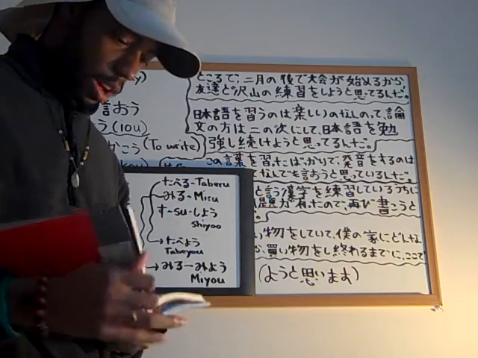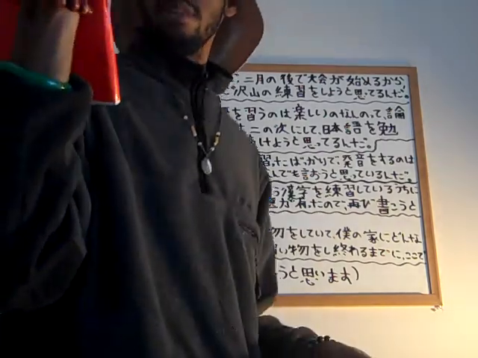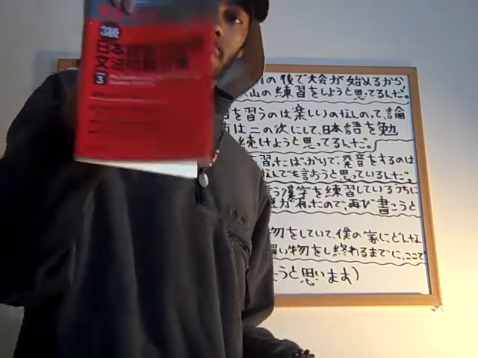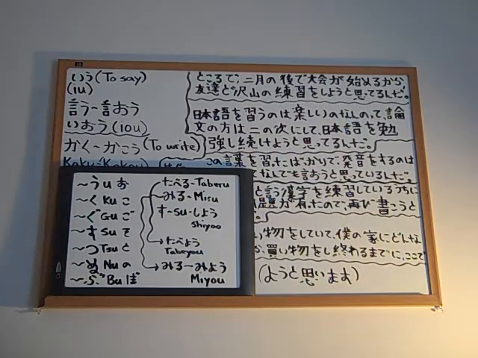I think I've talked about this book before. This is the Kanzen Masters, a level 3 for Japanese. It's basically grammar, that's all it is. I recommend this book. It's really good. They have charts in here that show you how certain things are put together.